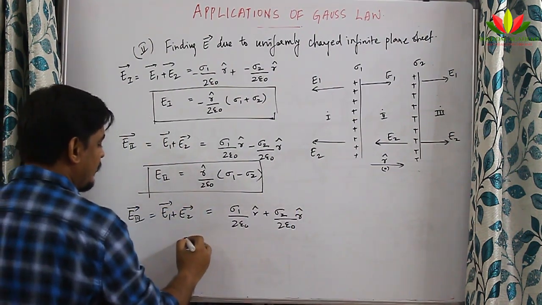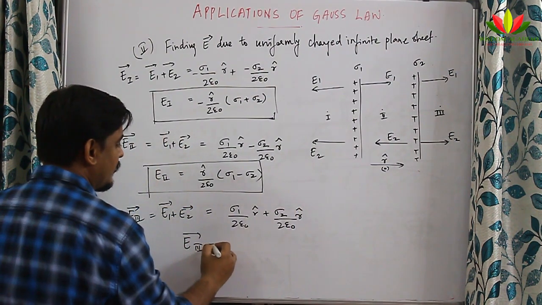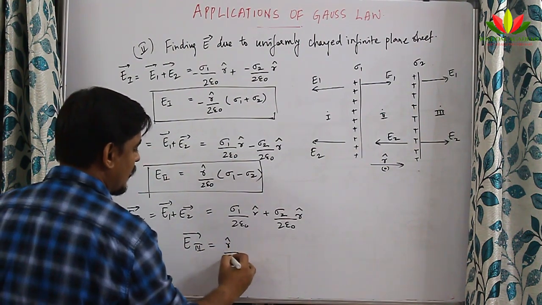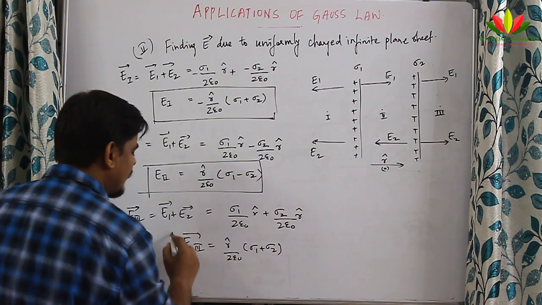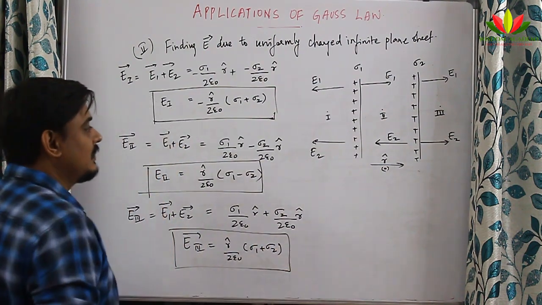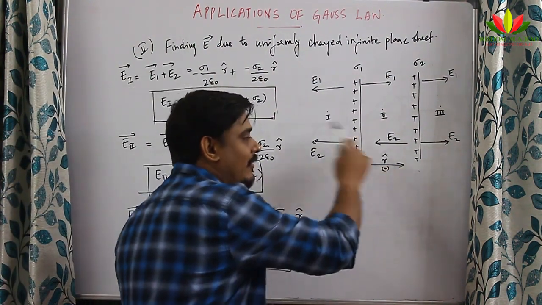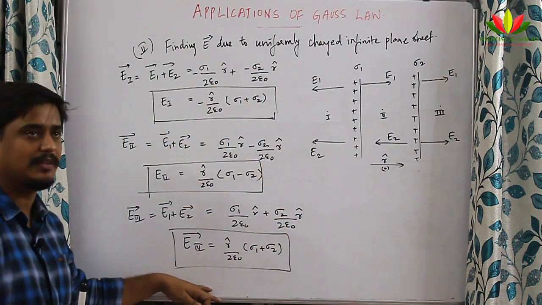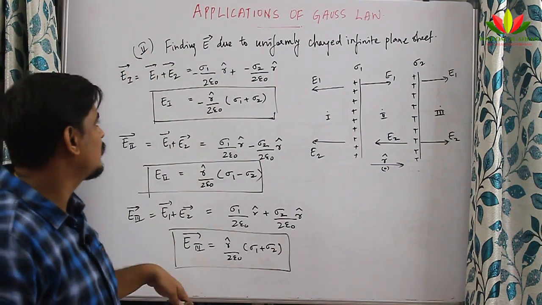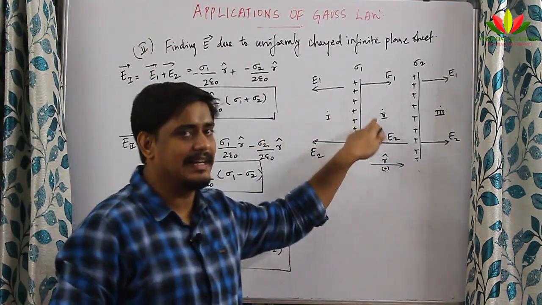So what will be the net electric field at the third point? If I take R cap by 2 epsilon naught common, it will be sigma 1 plus sigma 2. See, it is very, very simple, but understand the concept. This made it very easy for me to find all the values. If I had not taken R cap, I would have been confused about where minus and where plus will come. So these are the values of the electric field at the first, second and third points.